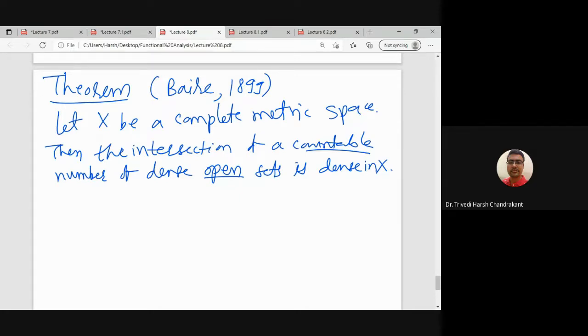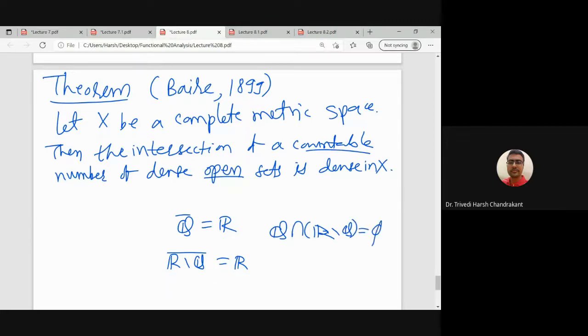For example, the set of rational numbers is dense in R. The set of irrational numbers is dense in R, but their intersection is the null set.